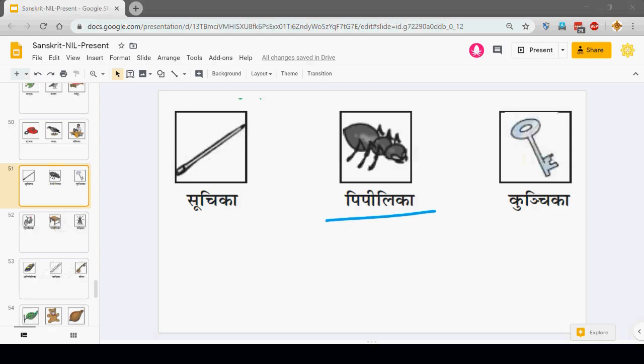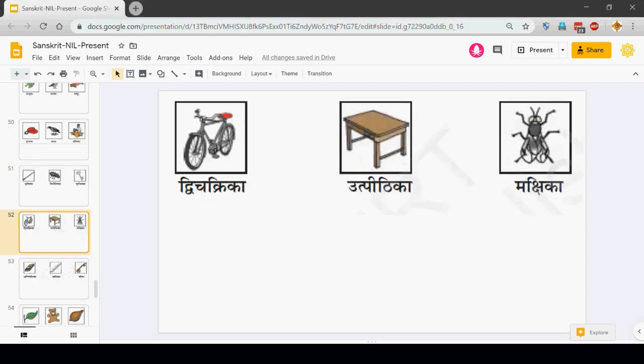Next one. Pipilika. Pipilika is ant. Kunchika. Kunchika, key. Dvichakrika.